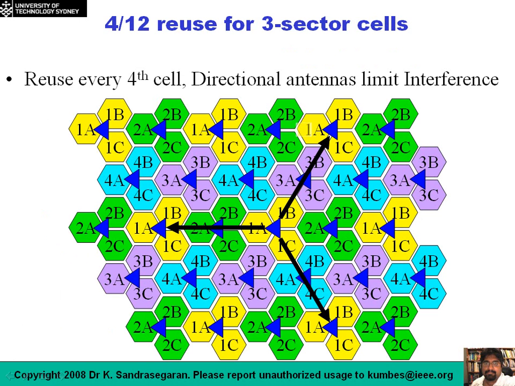This pattern here is referred to as a 4/12 reuse pattern with 3 sectors. Okay, so here each one of these blue points represents a base station site, and in each base station site there are 3 sectors, and you're able to create a 12 sector pattern, reusing frequencies in every 4th base station.